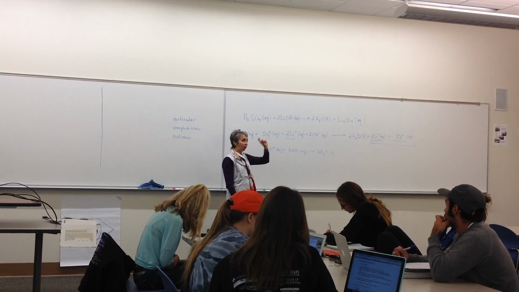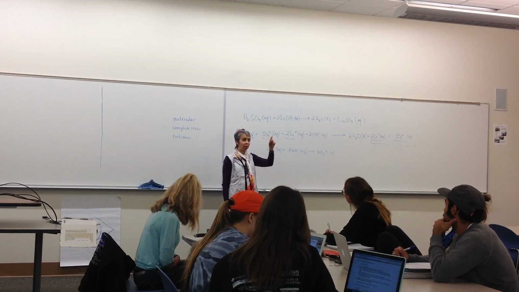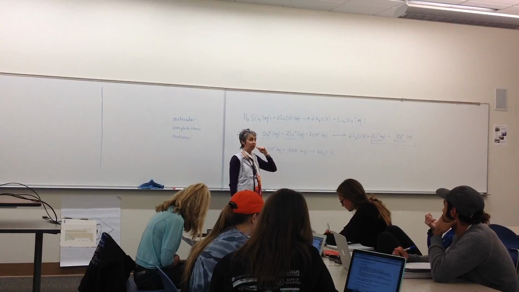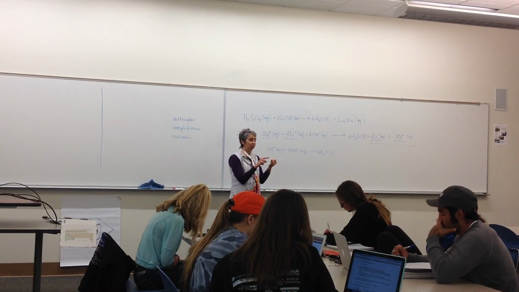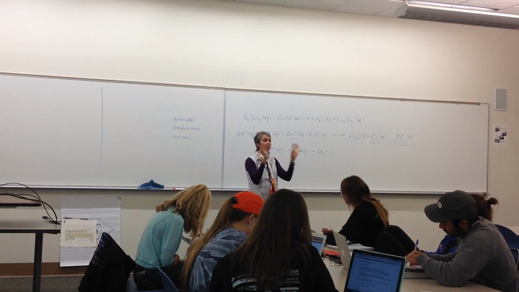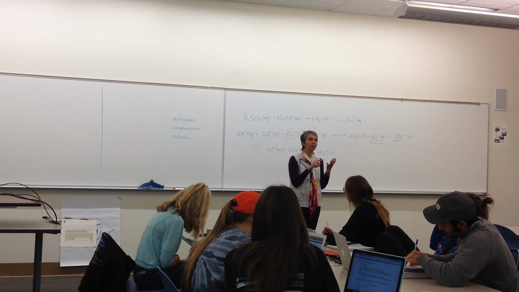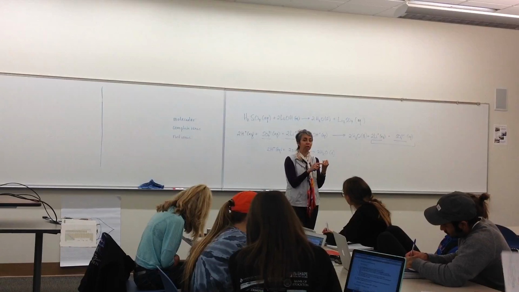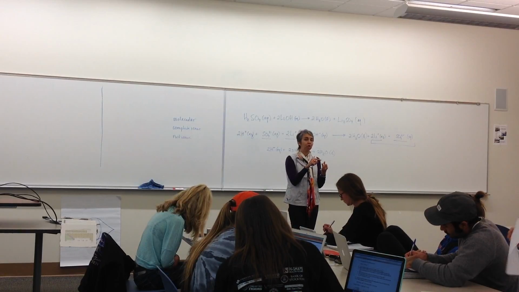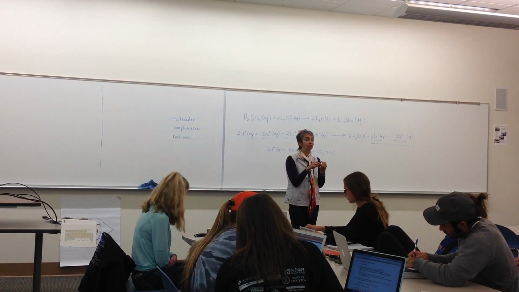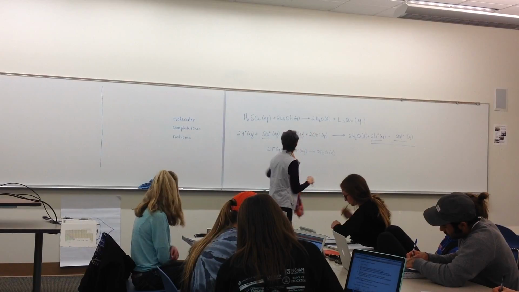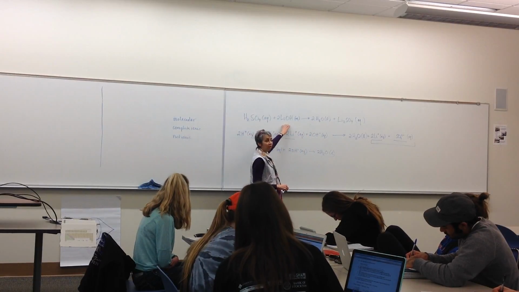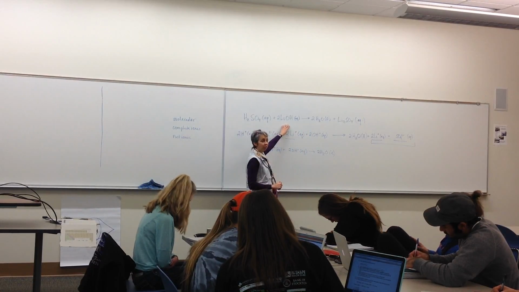All right, should we do one more to get at Luke's question about how do you know what's going to happen? What I will say is, in this course, there's only three things that can happen. Nothing, right? No reaction. You can form water, and generally you're going to form water when you have an acid and a base. So you saw this in the lab, you did an acid-base titration.